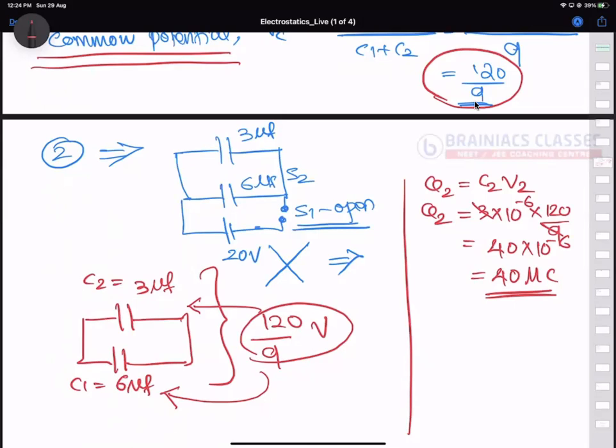The same voltage is available for the 6 microfarad capacitor also, 120 by 9. So we substituted C2 and V2 in the formula Q2 equals C2 V2 and got the charge 40 microcoulomb. Understood?